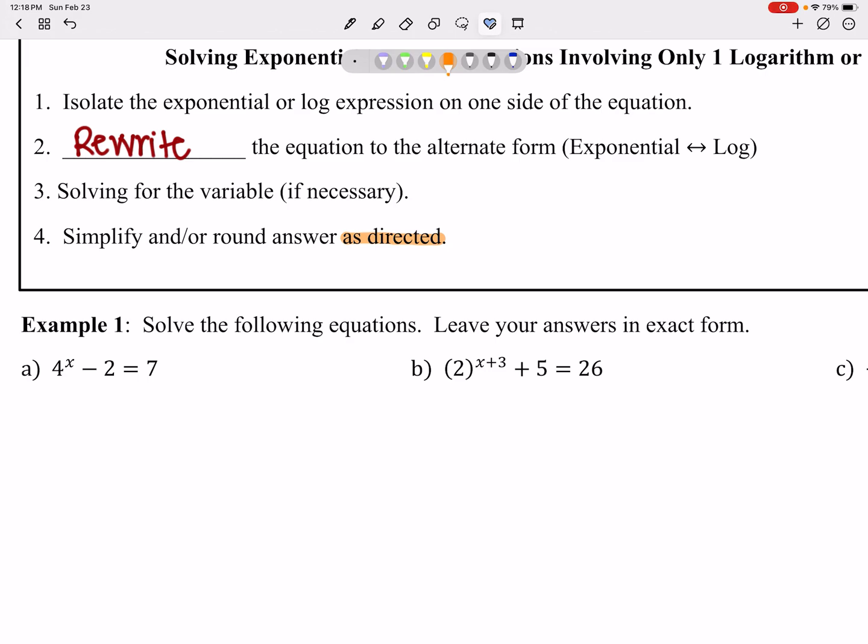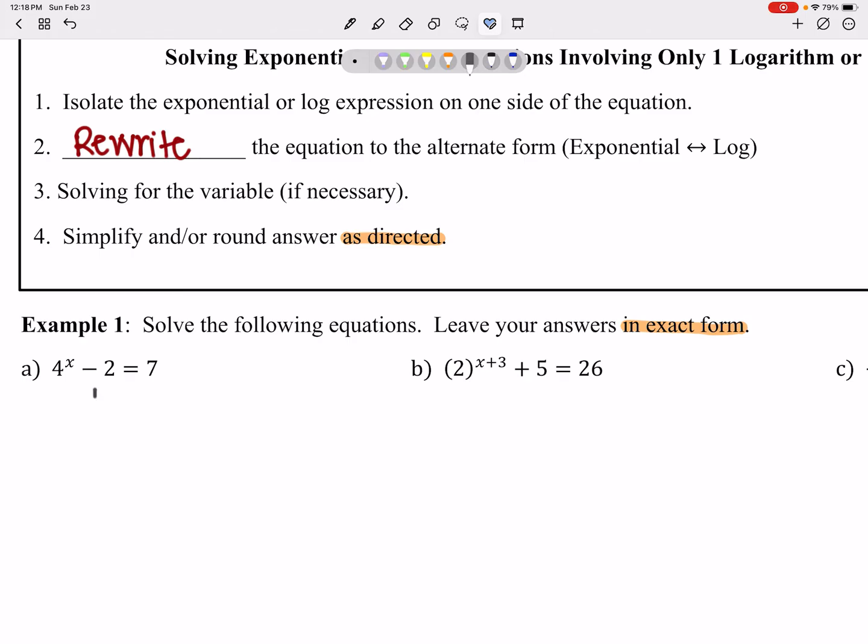Okay, example 1 says solve the following equations. Leave your answers in exact form. So that means no calculator. When it says exact form, that means no calculator is necessary, which is really good for me because I don't have my calculator handy. 4 to the x minus 2 equals 7. Isolate that exponential or log expression, meaning get the exponential or log on one side and the constants on the other.